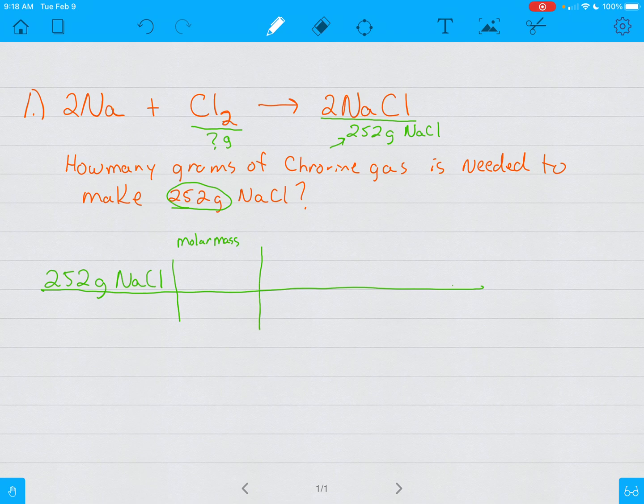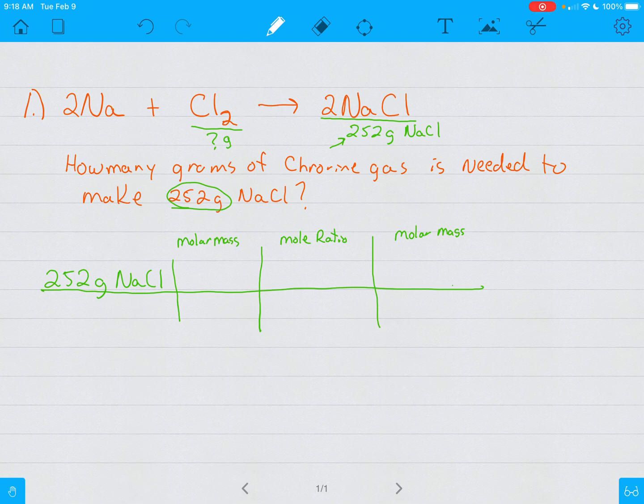Then after I get molar mass, I'm going to have to do mole ratio. And then after mole ratio, I'm going to have to go back and do molar mass again. Only this time I'm going to do molar mass to convert from moles of chlorine into grams of chlorine. Okay, so let's go ahead and try to figure stuff out.